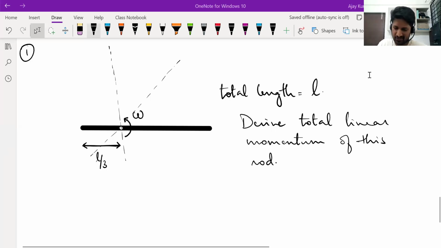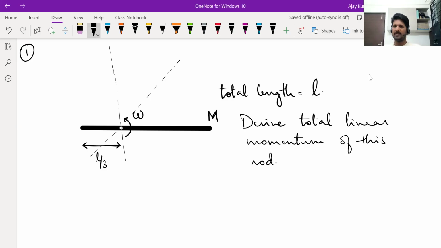Okay, that's a good thing to ask. Assume the mass is m. Mass has to be given. Total mass, take it as m. Okay, I got one answer as m L omega by 6. We'll see. Pawan, how are you trying to solve this?